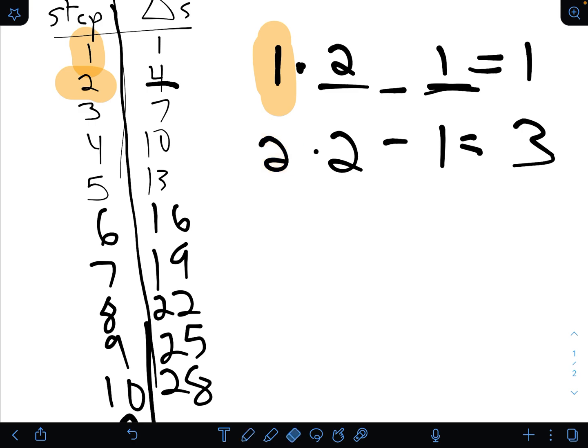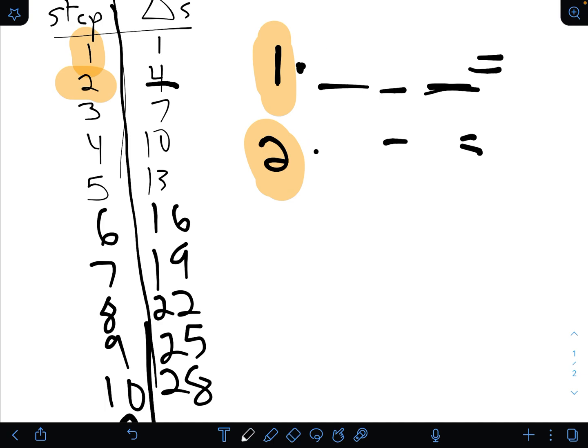Okay. Yeah. So now let's see here. 2 times 2 minus 1 won't work. What would, if I times it by 3? 1 times 3 is 3, minus 2 gives me 1. Okay, let's do that.